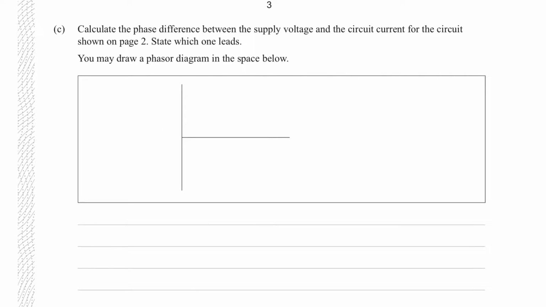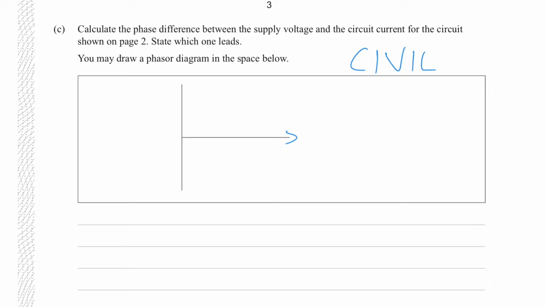C is calculate the phase difference between the supply voltage and the circuit current for the circuit. You may draw a phase diagram in the space below. So in this case, remembering your old CIVIL, the voltage in the capacitance lags the current, and the voltage in the inductor leads the current.